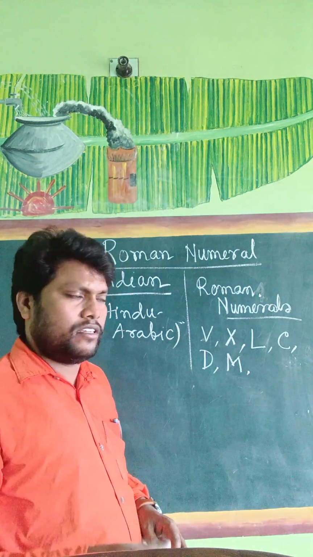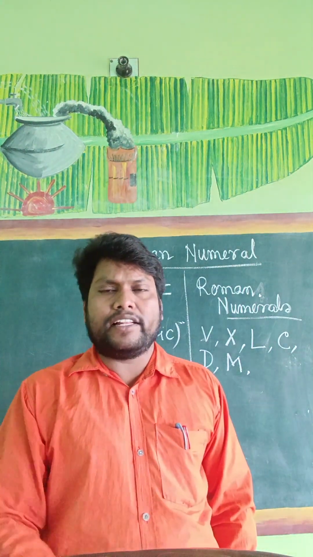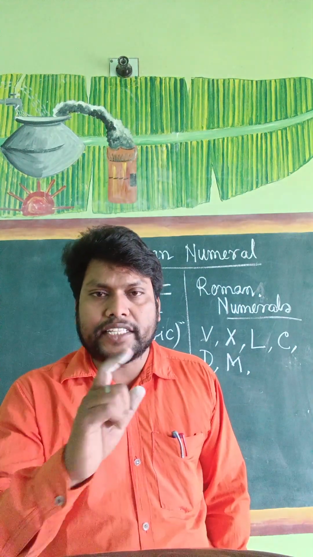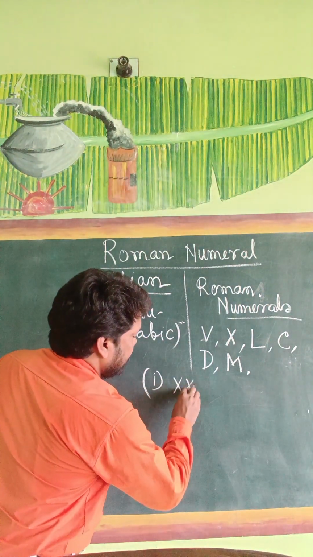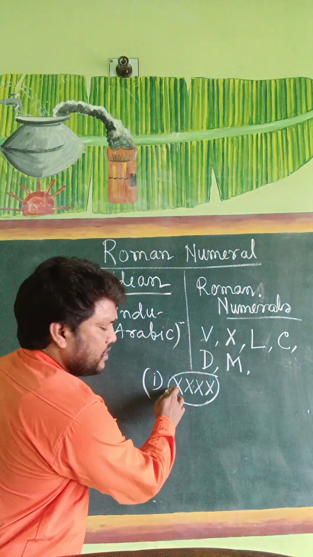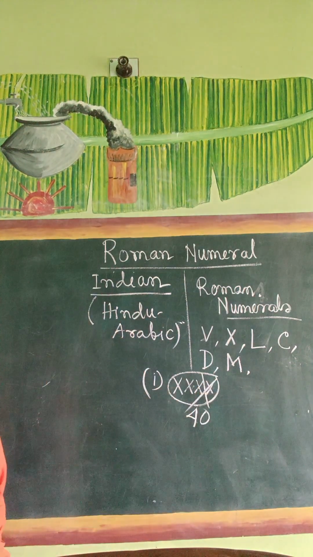What are the rules? Number 1, no Roman numeral can be repeated more than 3 times. Suppose you cannot write X, X, X, X, that means 40. It is wrong.